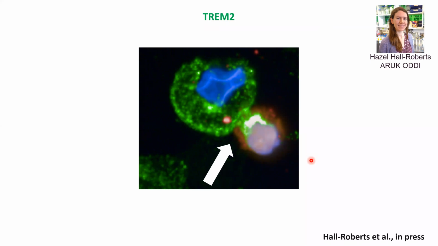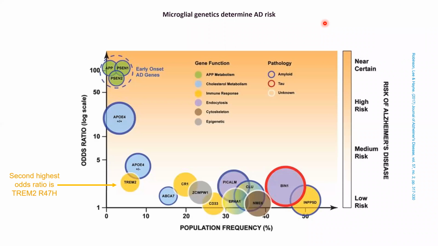This work is now in press, so hopefully in a few weeks' time you'll be able to read it for real. So TREM2 has the second highest odds ratio for Alzheimer's risk after ApoE4, and R47H is the most common mutation in TREM2 in Alzheimer's, although there are others.